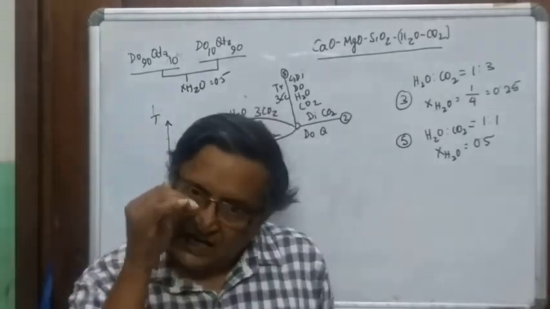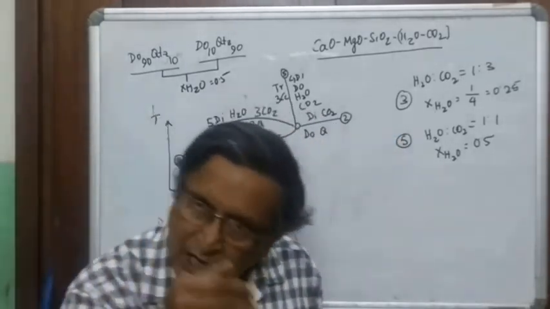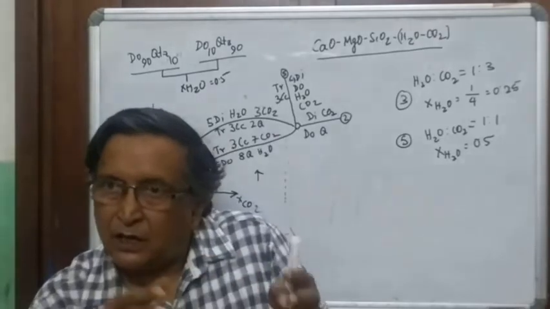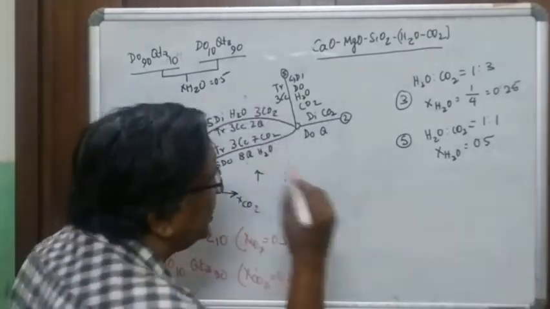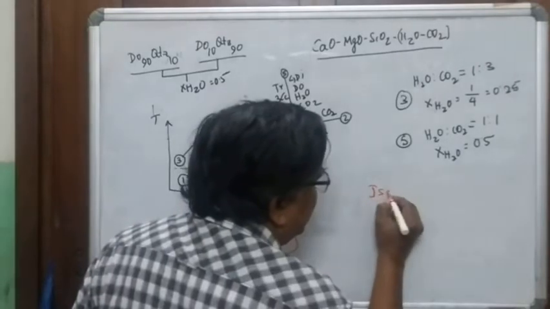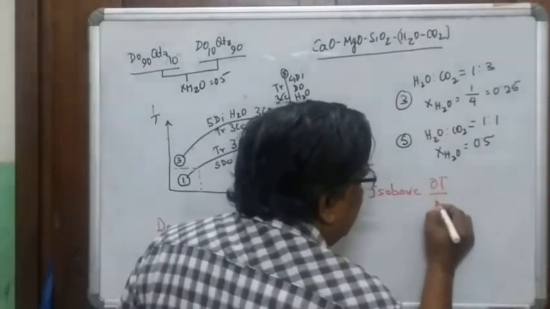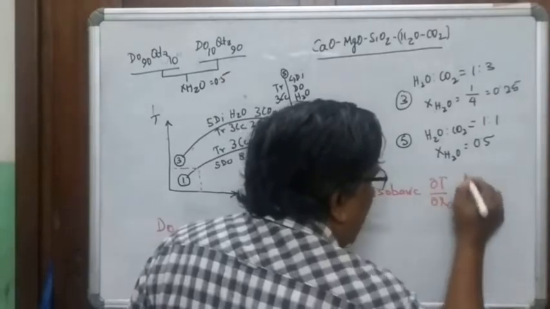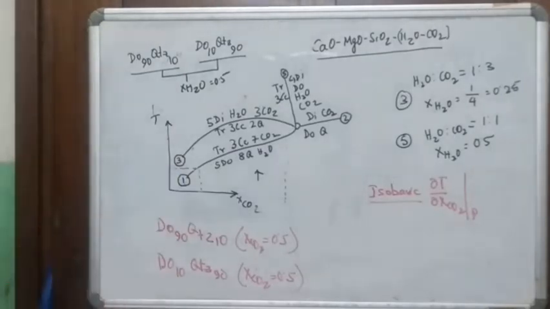So whether a reaction will operate will be controlled by the bulk composition and by the fluid composition. You remember these are isobaric sections, isn't it? Remember, it was del T by del XCO2 at constant P. This was the isobaric condition on which this diagram was done.